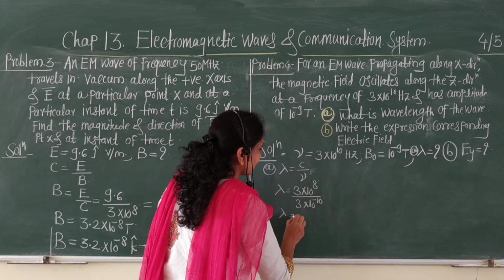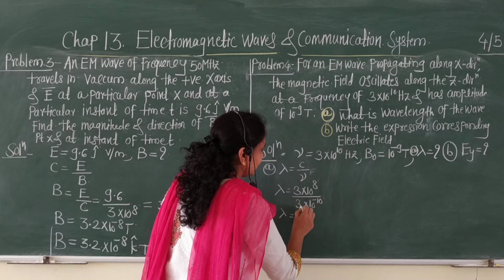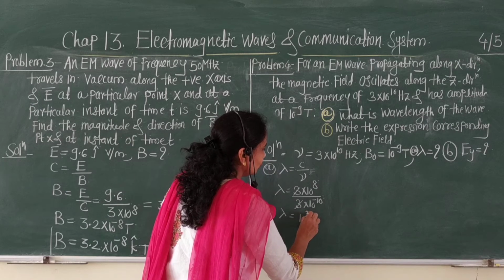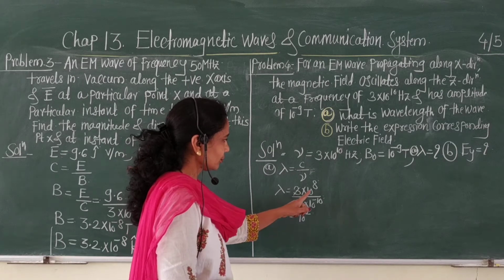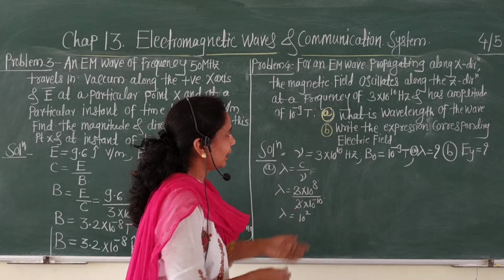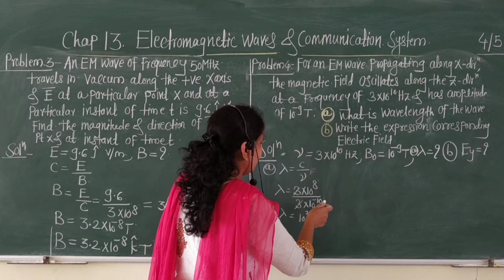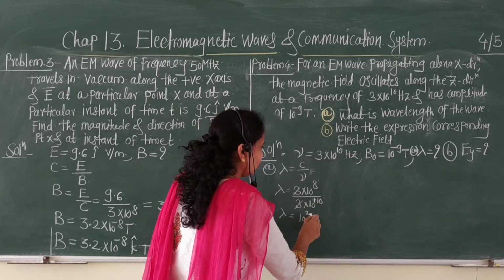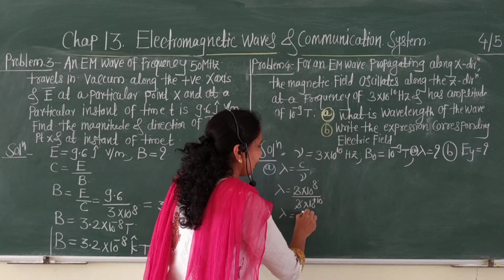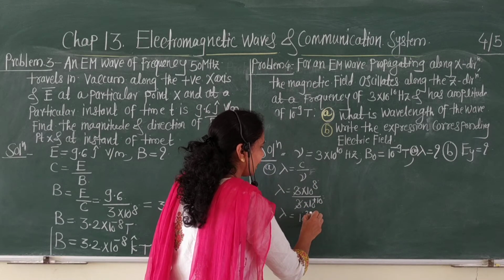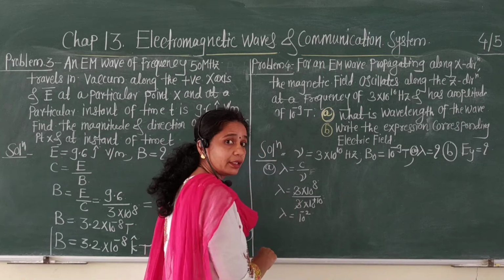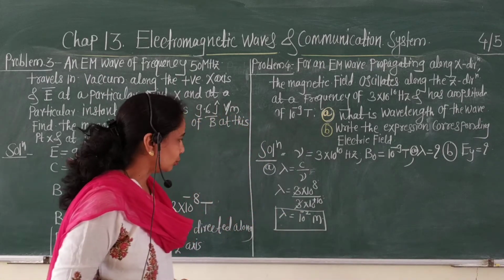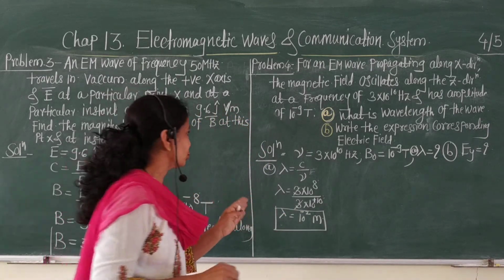Therefore, lambda is equal to, the 3 gets cancelled, 10 raised to 8 minus 10, which becomes minus 2 meter. Therefore, you get lambda equal to 10 raised to minus 2 meter.